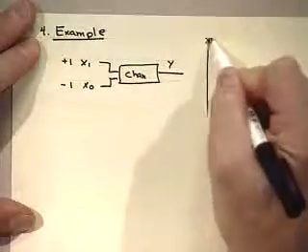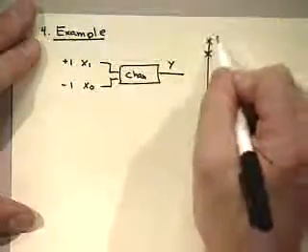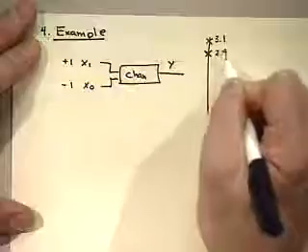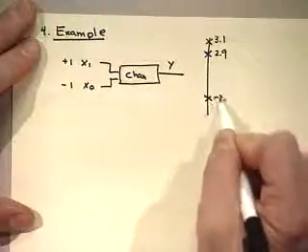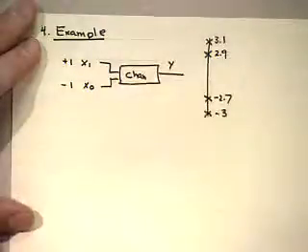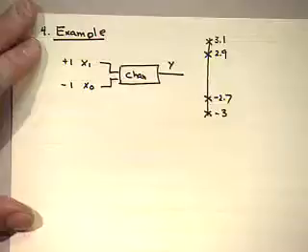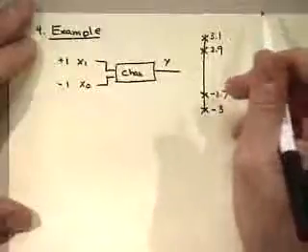And let us suppose that there are only 4 outputs that we ever see from this channel. And they're going to be the numbers 3.1, 2.9, minus 2.7, and minus 3 for this channel. Those are the only 4 outputs we ever see. So this is a discrete output from this channel.